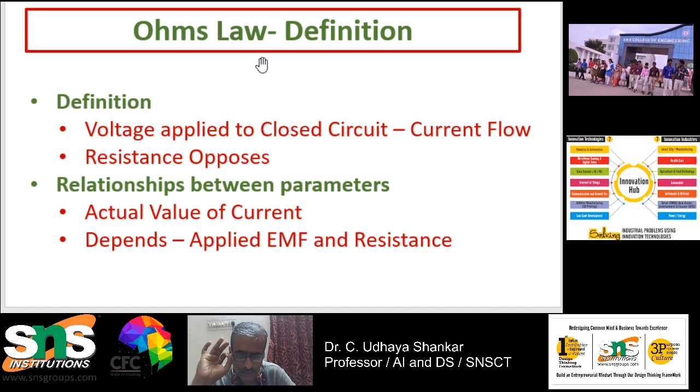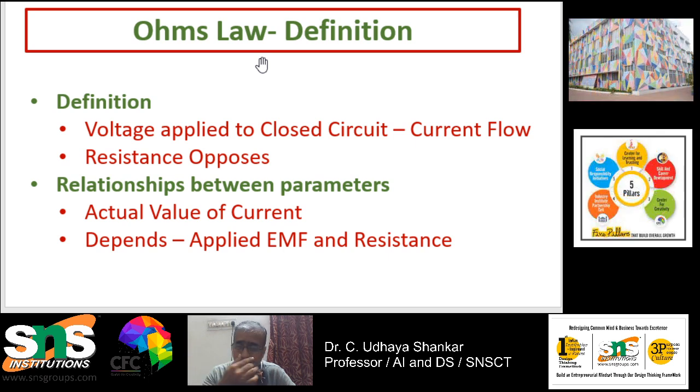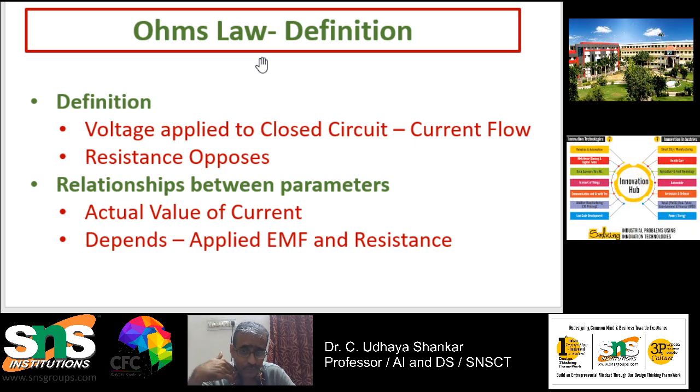Please remember, I will repeat it again: the actual value of current flowing in any circuit depends upon the applied voltage and the resistance of the circuit. Is it clear? For example, if your voltage is higher, the current should be higher. And if resistance is higher, the current will proportionately decrease. This is what Ohm's law states.